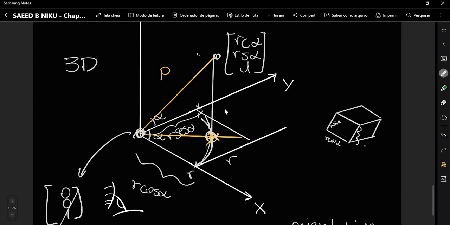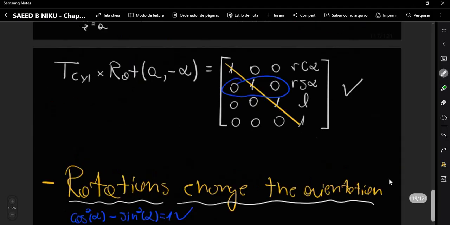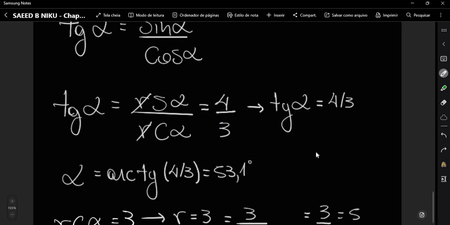Now we know that it is a ratio of 5 units, and this L, as in example 2.17 from the past, is 7. So now we have a sense of the maximum point that this robot can reach.